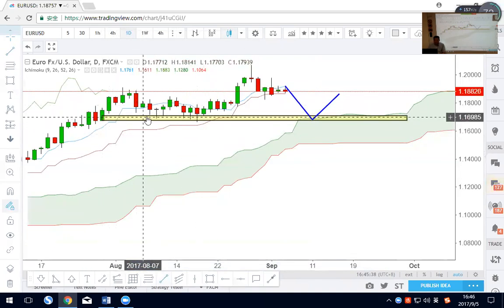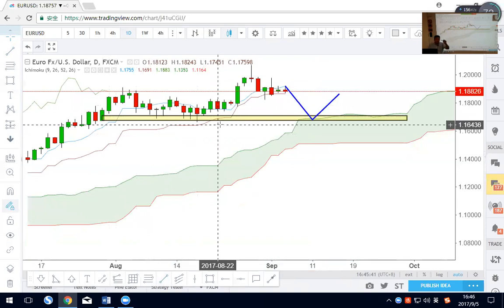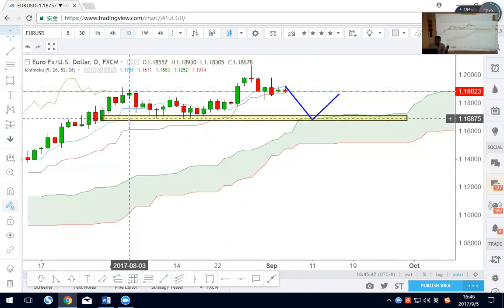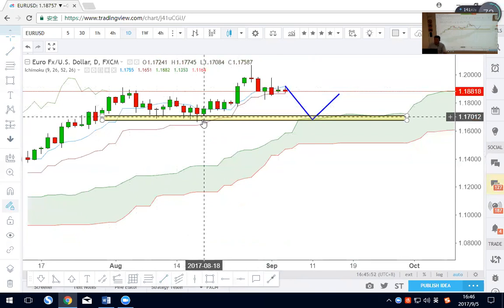There are a lot of buying orders here, unfilled orders. When the price goes there, those traders who didn't finish their job to buy the euro at 1.1650 are going to buy. If there are buyers there, the price will have some support.